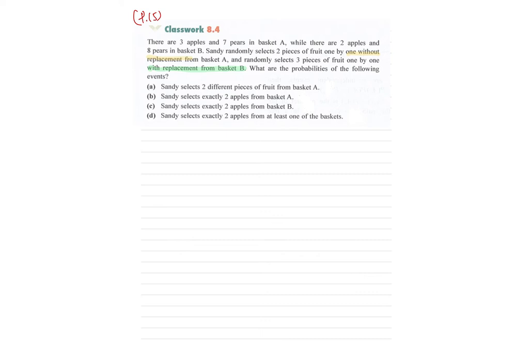So for part A, how to find that? Part A, 2 different pieces of fruit from basket A. In this case, you can use combinations because there are 10 fruits altogether and you choose 2 of them. Or you can say that if the first one is an apple, then the second one, a dependent event, is out of 9, we choose 7.